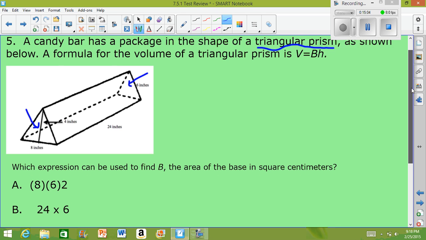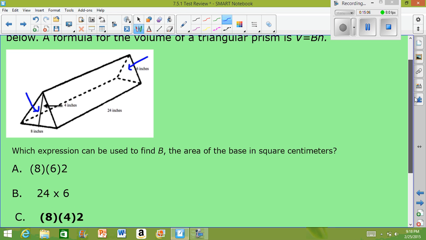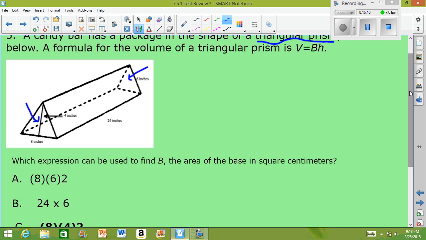The question asks us, which expression could be used to find B, the area of the base, in square centimeters? So the fact that it's a triangular prism tells us what to do with the big B. So our big B is going to be the shape triangle. So we need to replace our formula with big B with the area of a triangle.